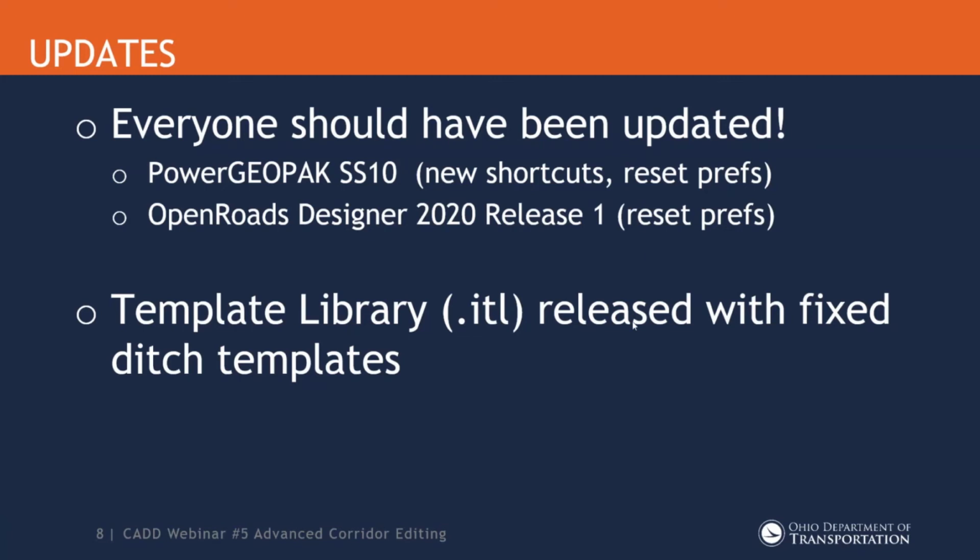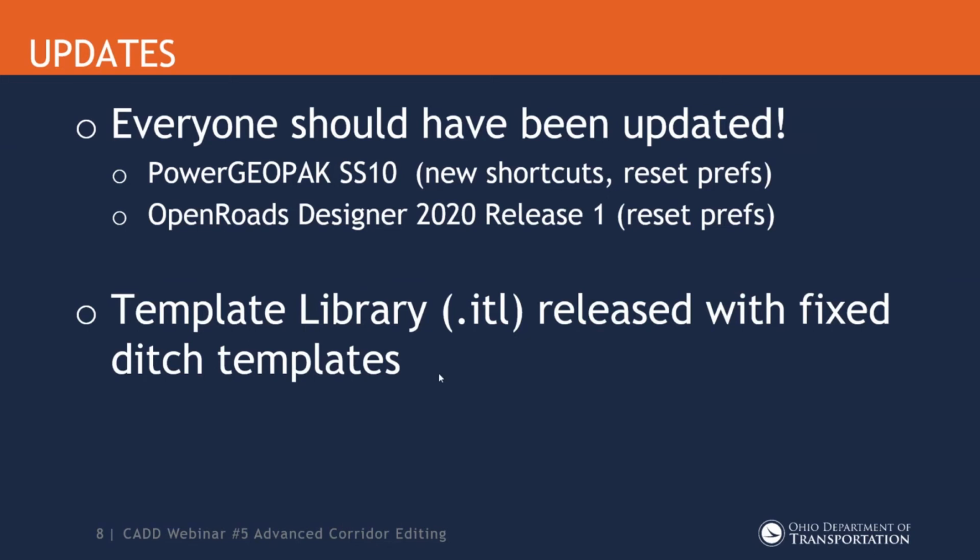The other thing I want to note is that two webinars ago, I showed the fixed ditch templates and what I was doing for the end conditions in our template library. That has been released in the standards now. I said I had to finish some stuff up, so I did that, and it has released. But if your project was already created before I released it, that project has an older copy of the ITL file for that project or work set.